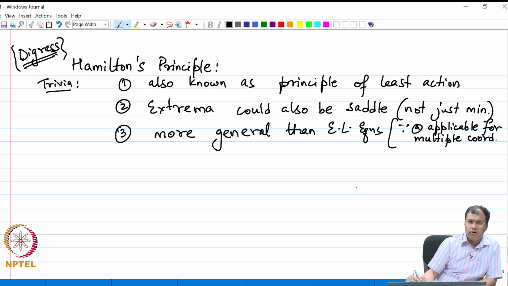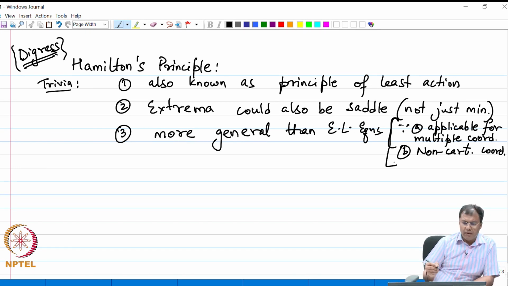So, functions of several variables, dependent variables, and it is also more often than not applicable for different coordinates. So, in particular it is also applicable for non-Cartesian coordinates, right. So, that is some of the advantage of using Hamilton's principle.